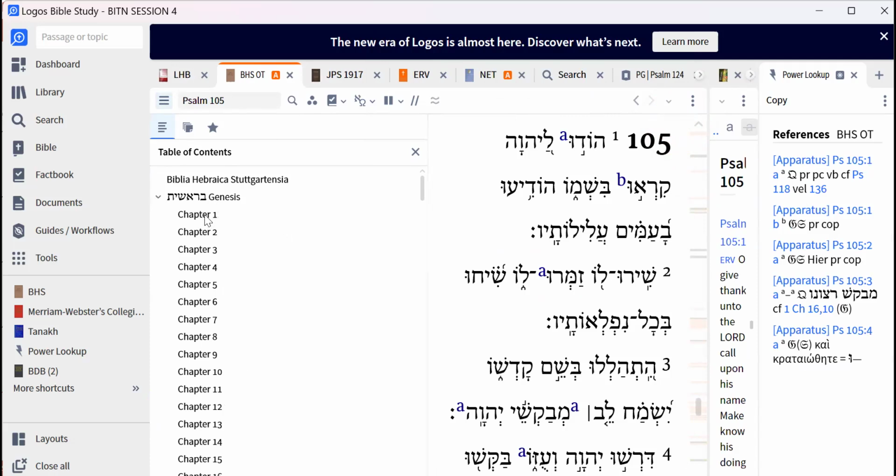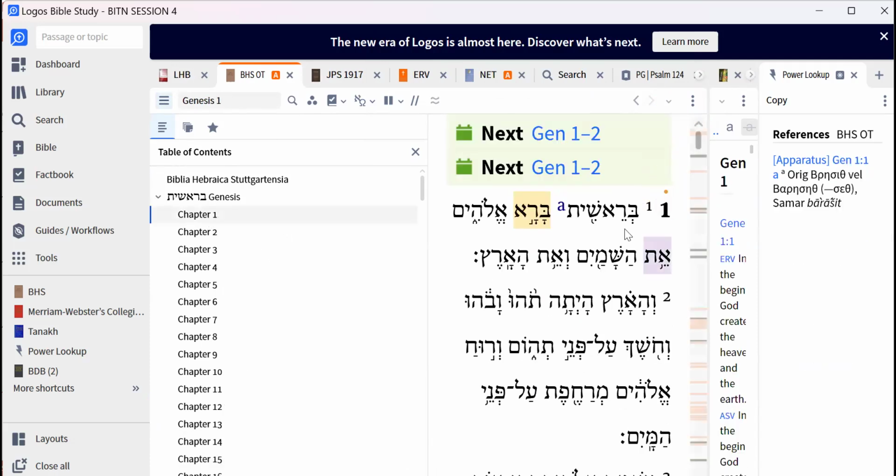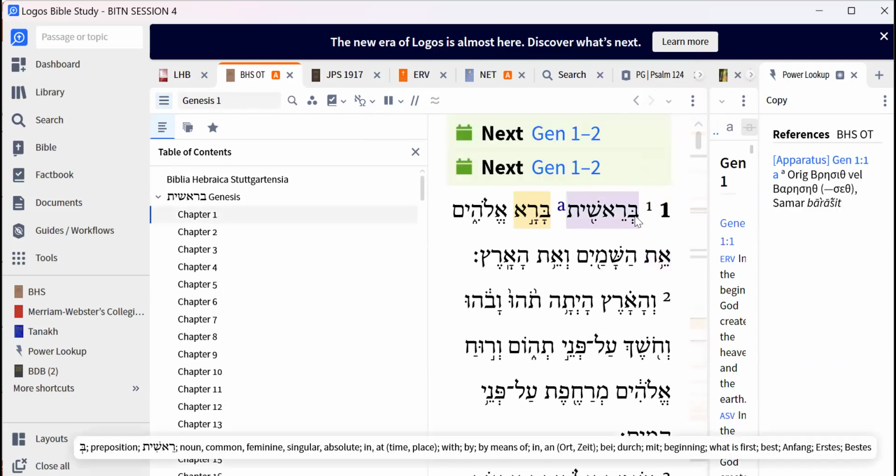Okay, we need Genesis 1. If you remember, what consonant is this? Bet, right? Remember? Bet. And this is Resh, right? Now you can see under this consonant some pointings.